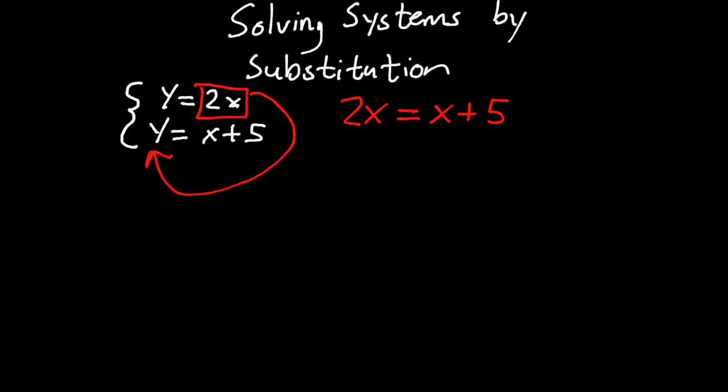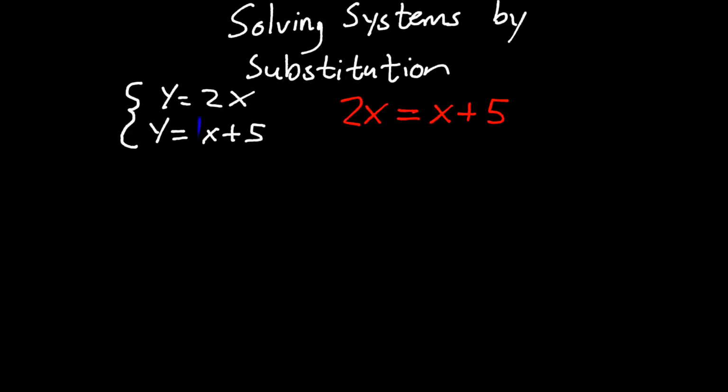And as you may have noticed, my y's are now gone. That will happen in the substitution method. You substitute one value of a variable for what it is worth, and then that variable disappears. Now, the other way we could have handled this would have been if I were to, let me erase this. Okay, so I have y equals 2x.